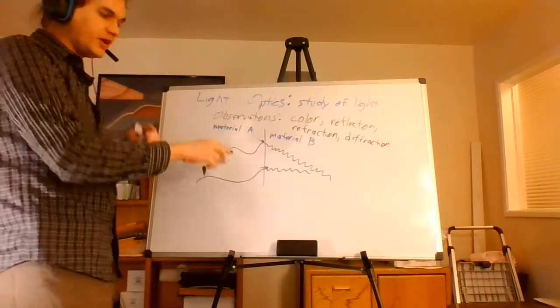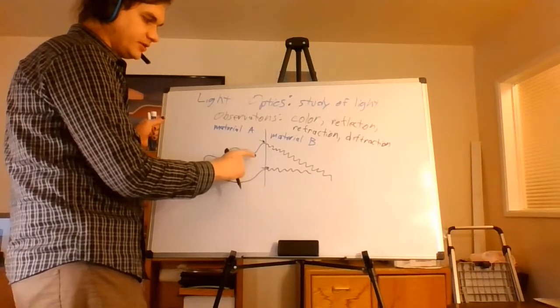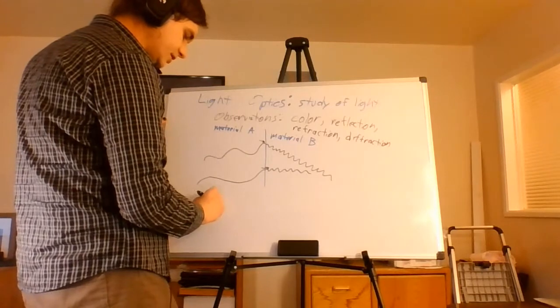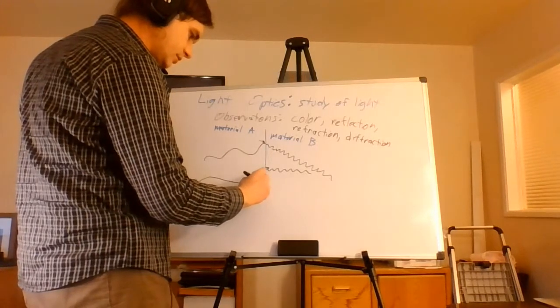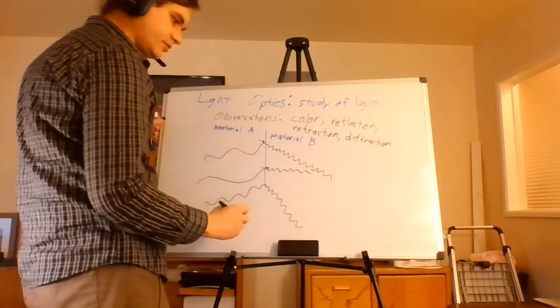The angle of refraction is going to be much shallower for light that has a long wavelength as opposed to light that has a shorter wavelength, or a very short wavelength.